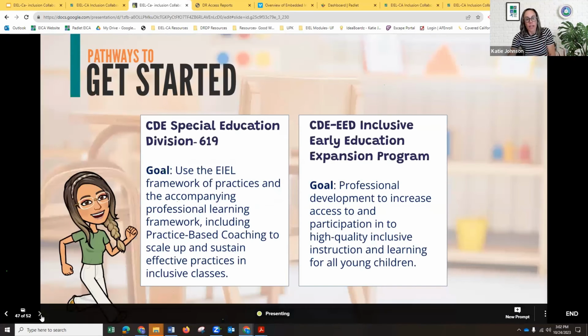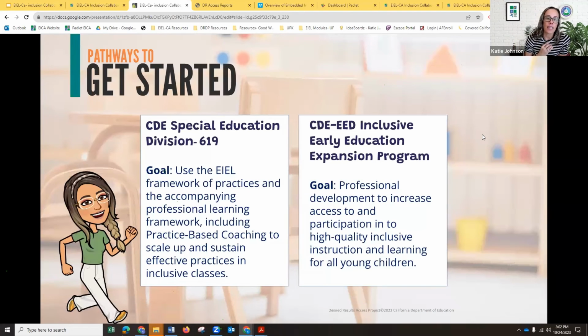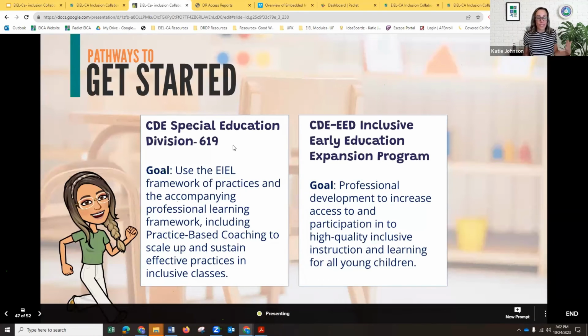So more to come, especially if you are one of the folks who might be interested in joining us through some of our grant funded opportunities. What I don't have on here, and I do have a few of my folks in here to talk about, is the PEPD grant. But let me just tell you, there are two current pathways, right?